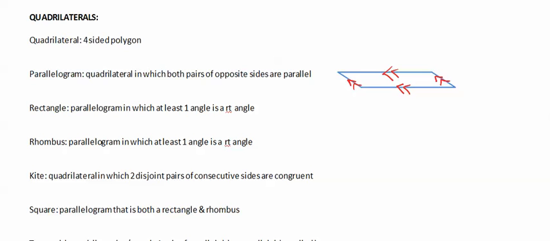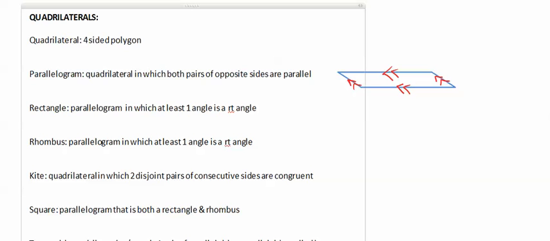A rectangle is a parallelogram in which at least one angle is a right angle. Again, you probably are thinking, well, I know a rectangle has four right angles. Well, in order for it to be a rectangle, you just need to define one of the angles to be right, because if you establish one right angle, based on some of the theorems and properties we talked about, all four indeed will be right.